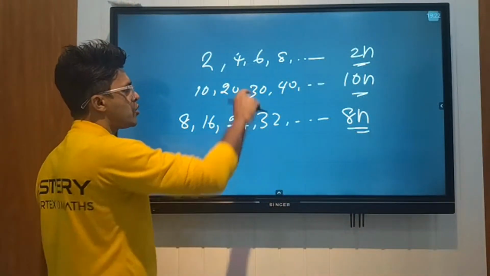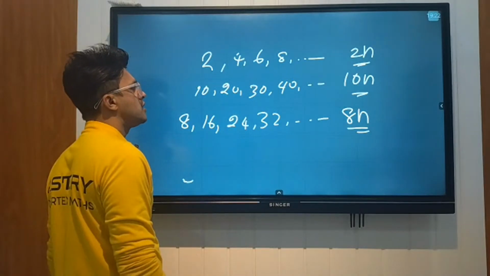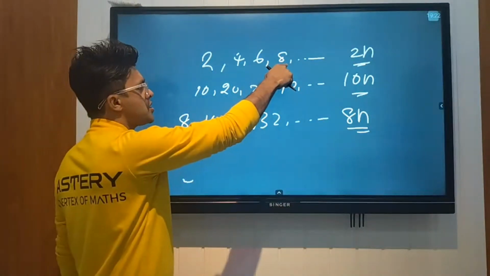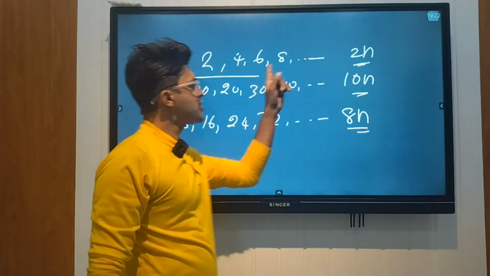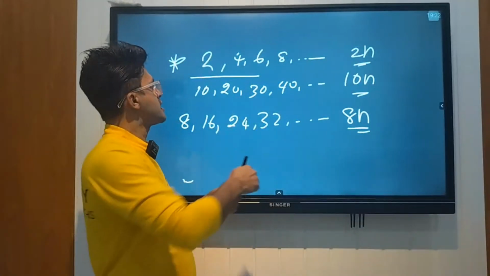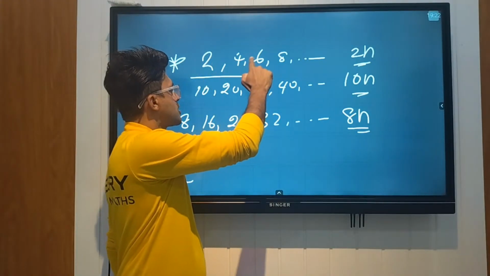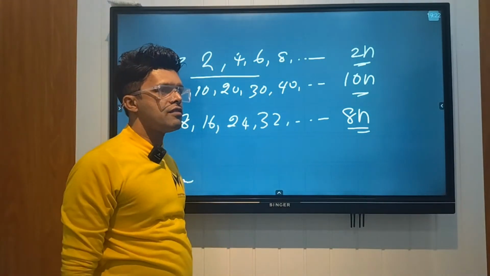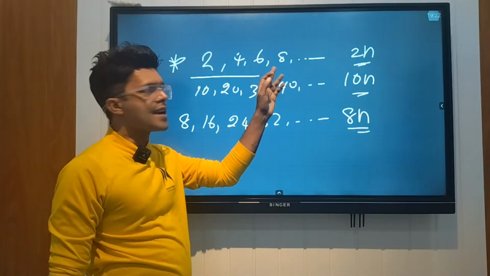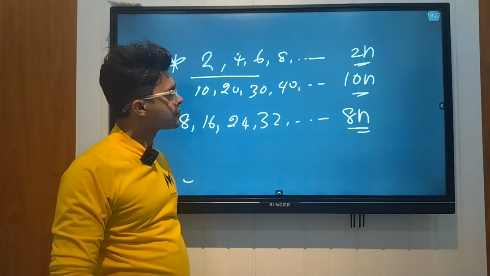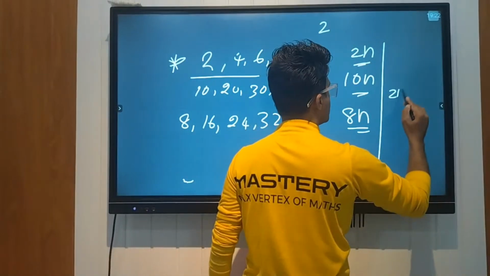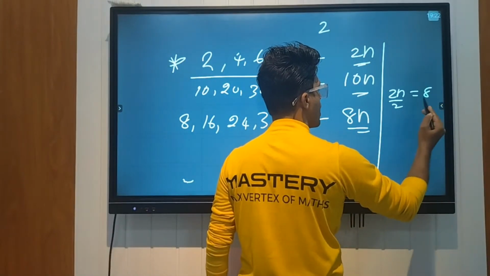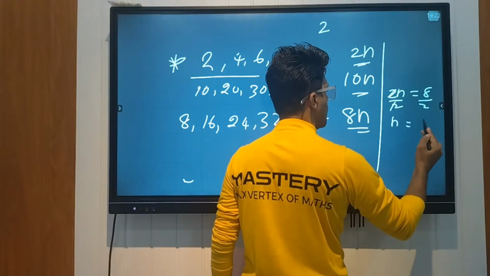Also, if it is asked which term is 8 here, it is the fourth term: first term, second term, third term, fourth term. This can also be done by writing 2n equals 8 and dividing by 2 on both sides, so n equals 4.